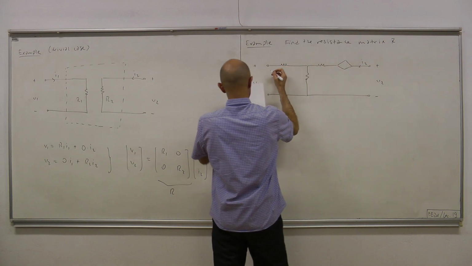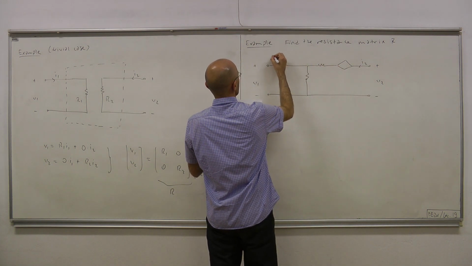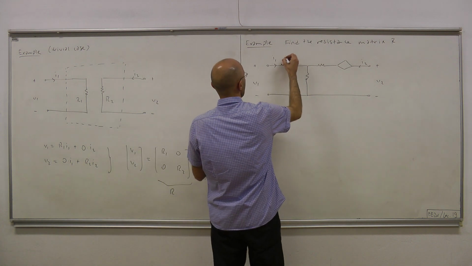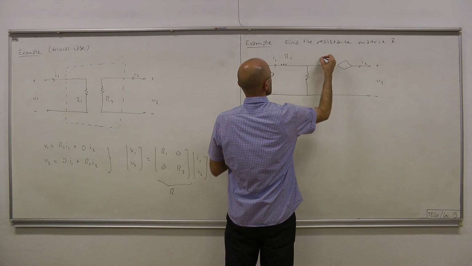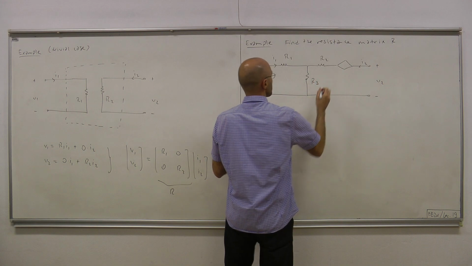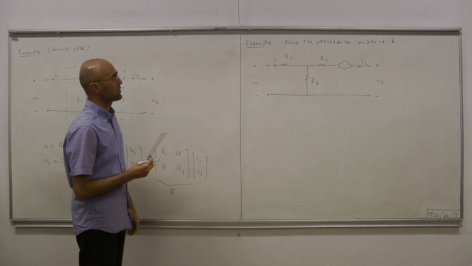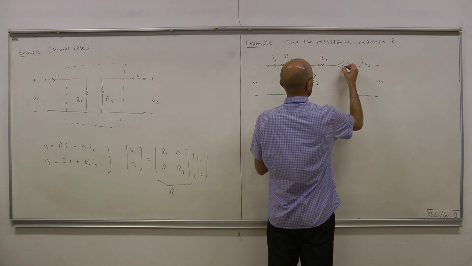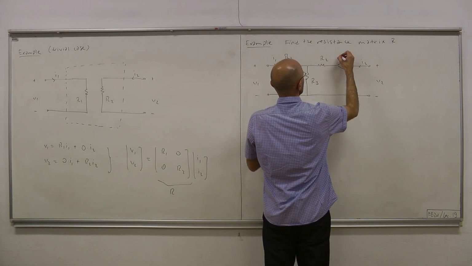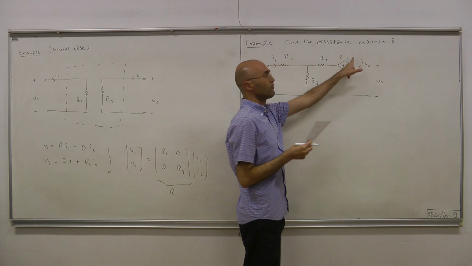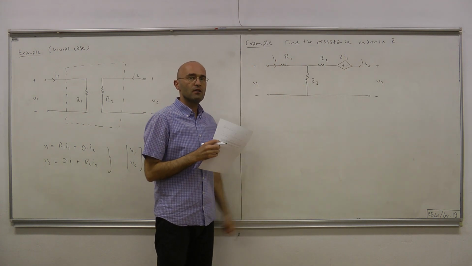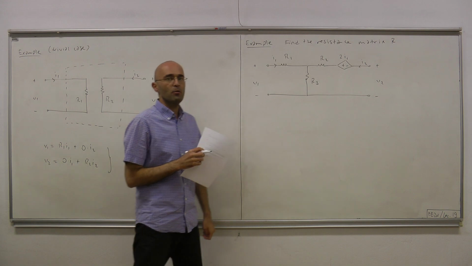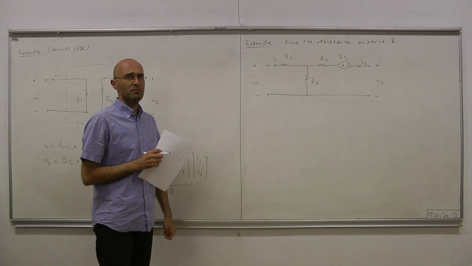This is I2. This is I1, and we have 3 LTI resistors with resistances as given, and we have a dependent source plus minus 2I1. So its control variable is the current of the first port. And for this 2-port circuit, let's obtain the resistance matrix.